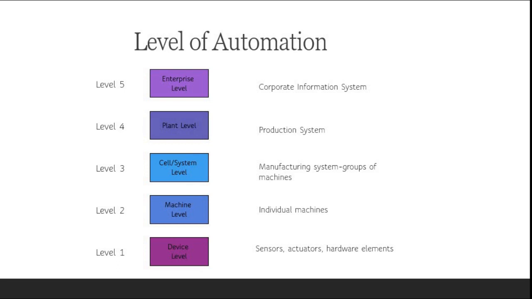The third level is what we call cell or system level. This is the manufacturing cell level, which operates under instruction from the plant level. A manufacturing cell or system is a group of machines or workstations that are connected and supported by a material handling system, as well as computer and other equipment appropriate to the manufacturing process.